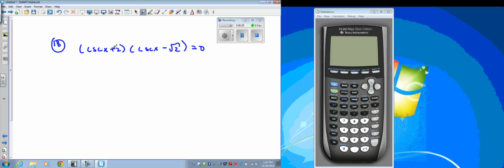When the product of these equals 0, then one or the other of them has to equal 0, right? So this says cosecant x equals a minus 2, and this one says cosecant x equals the square root of 2.